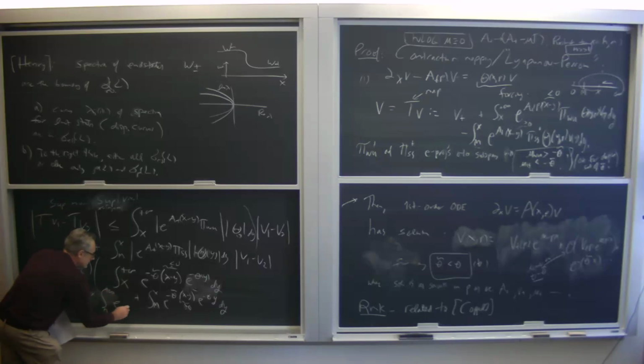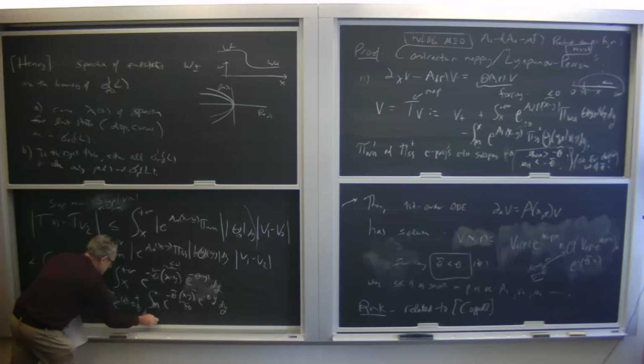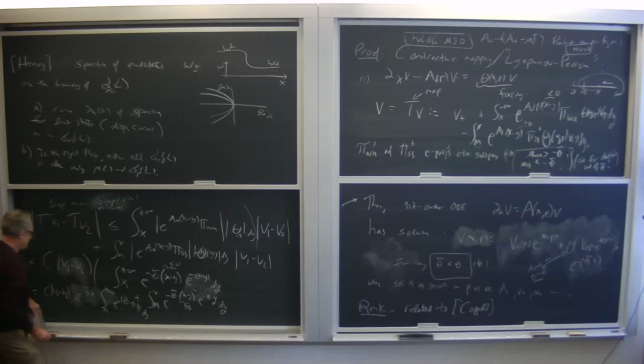And I have e to the (theta tilde minus theta) y dy. That's all that's left. And this is negative, y is positive. This is bounded.